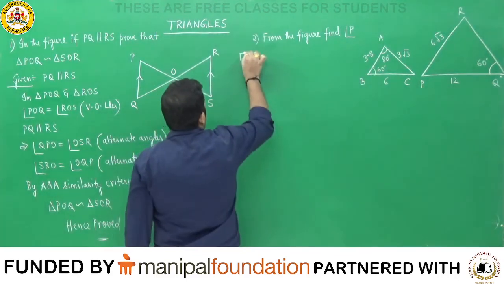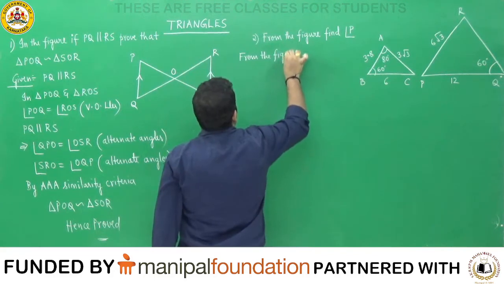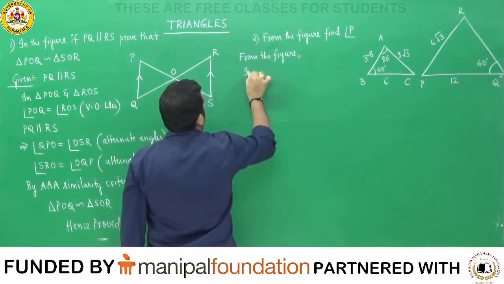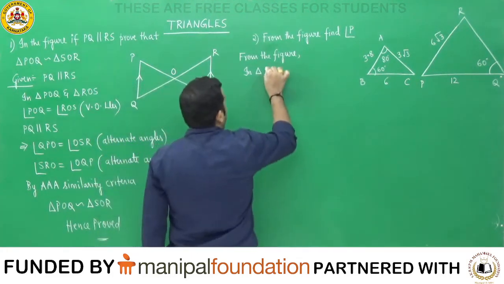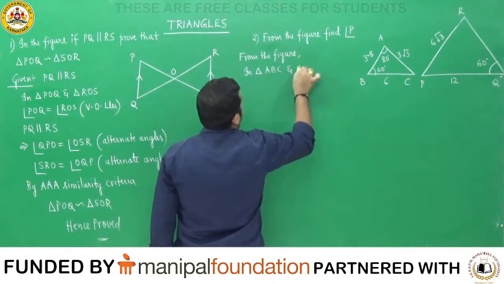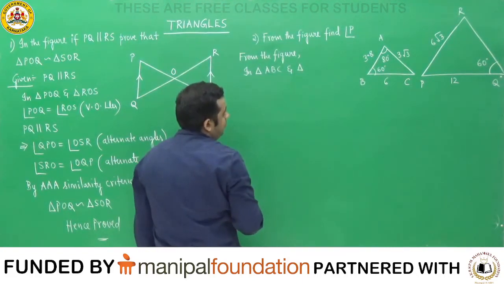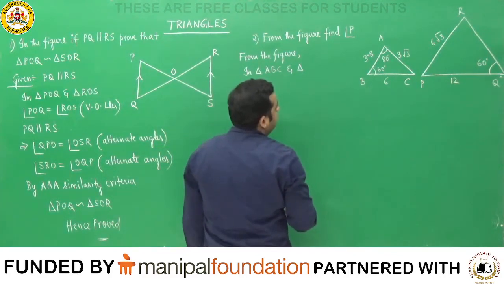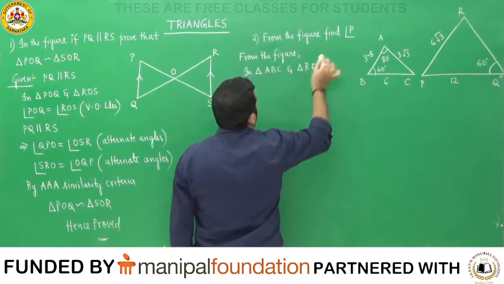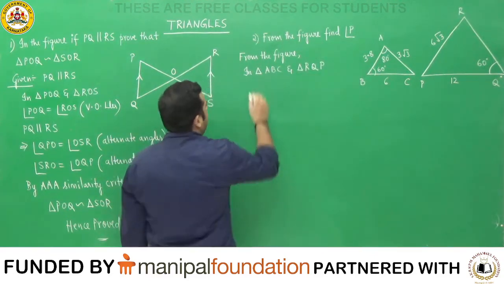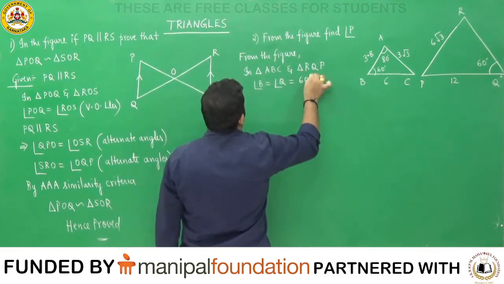Now, I can say from the figure, in triangle ABC and triangle RQP, let's say angle B is equal to angle Q. Angle B is equal to angle Q is equal to how much degree? 60 degree.